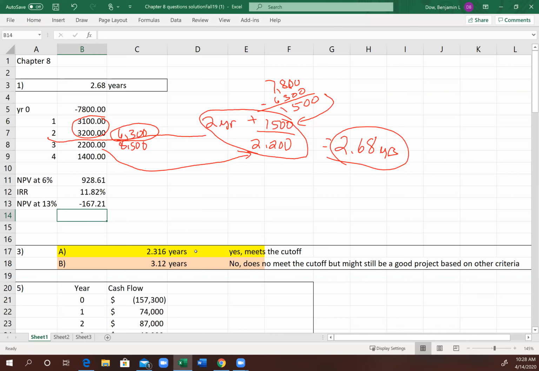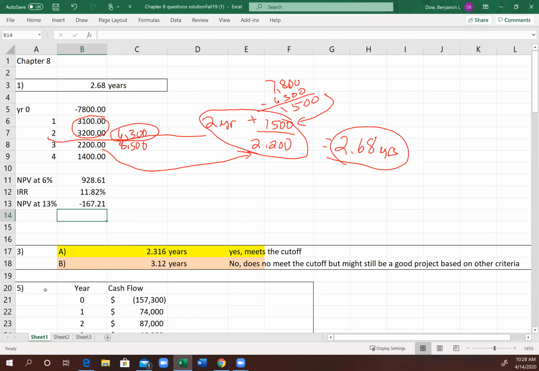It says Stevenson imposes a payback cutoff of 3 years. If the company has the following 2 projects available, should it accept either of them?